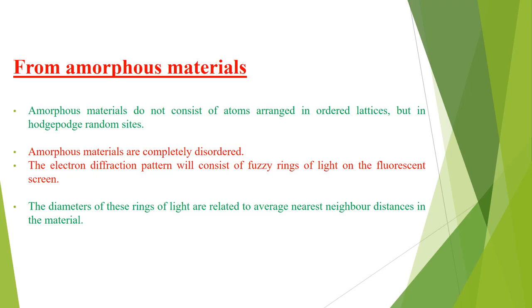Amorphous materials are completely disordered. The electron diffraction pattern will consist of fuzzy rings of light on the fluorescent screen. The diameter of these rings of light is related to the average nearest neighbor distance in the material.